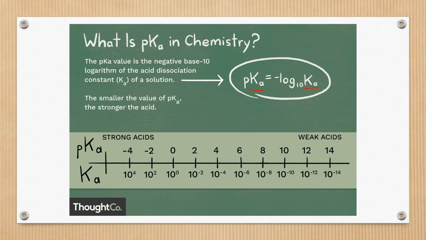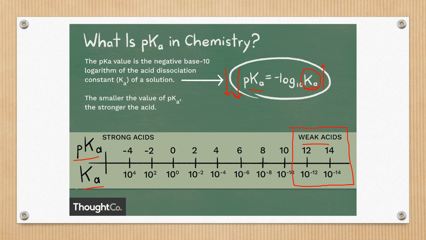So basically, the higher the Ka value, the lower the pKa value. If Ka is higher, that means the acid is a strong acid. For a strong acid, pKa is lower but Ka is higher. For a weak acid, Ka is lower and pKa is higher, as you can see in the chart.